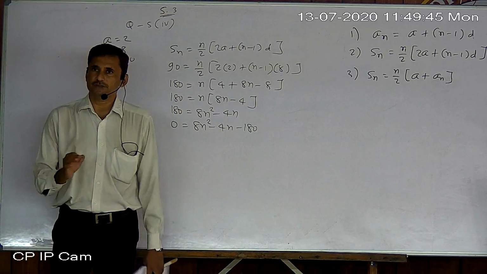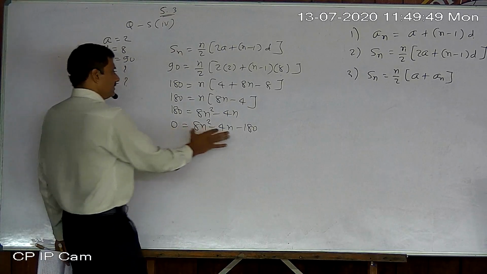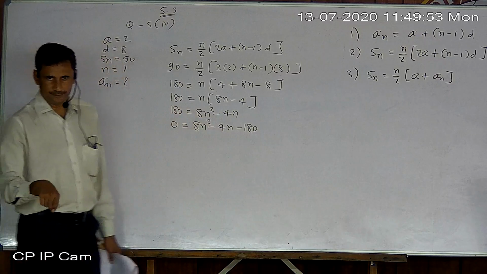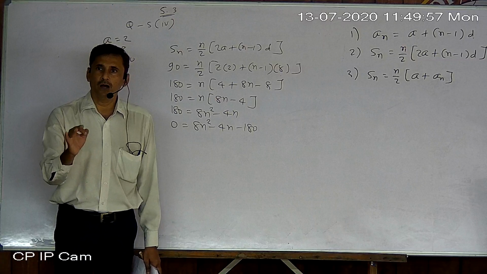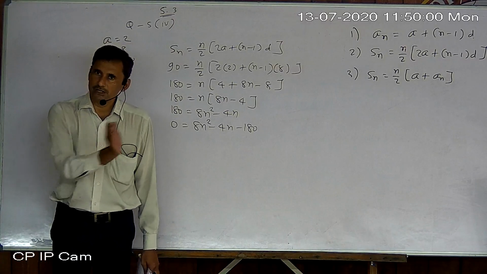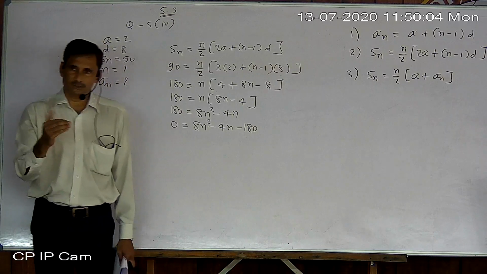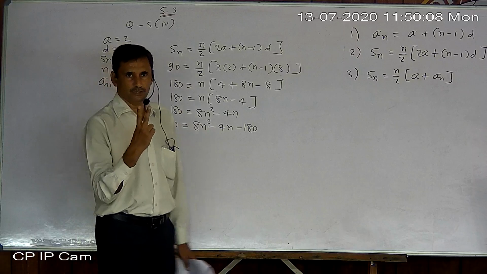A quadratic equation must be in standard form. Another point: whenever the equation is divisible by any number, you have to divide it and reduce the equation so that the factorization process becomes simpler. So two things you have to remember.